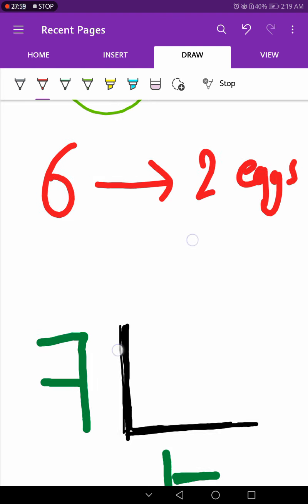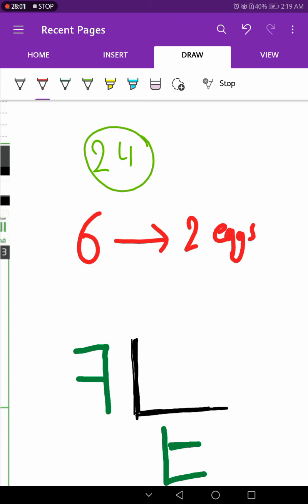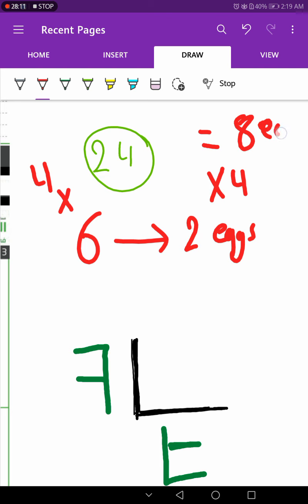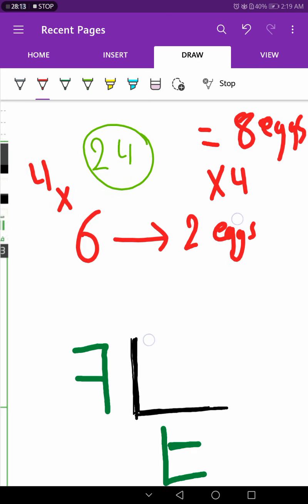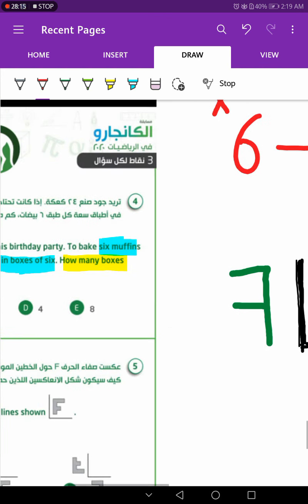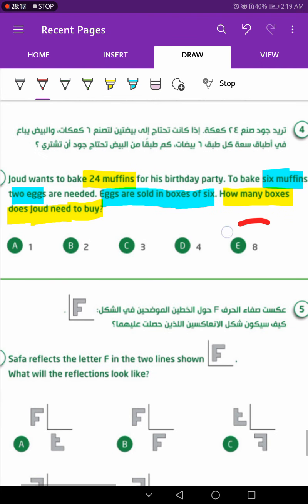Yes, that means to make the 24 she needs to buy, yes, 8 eggs. Yes, okay, so someone comes and selects 8.